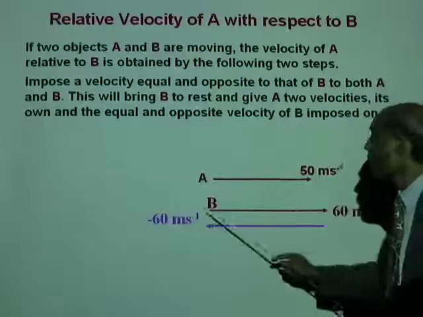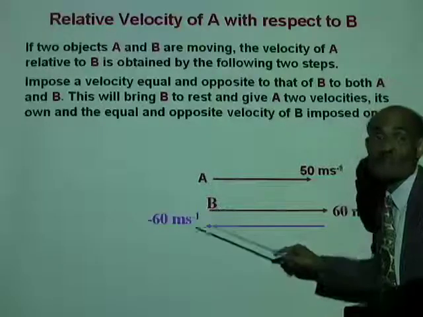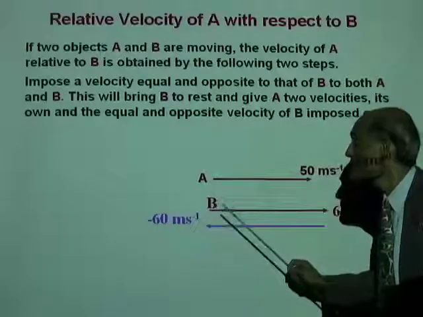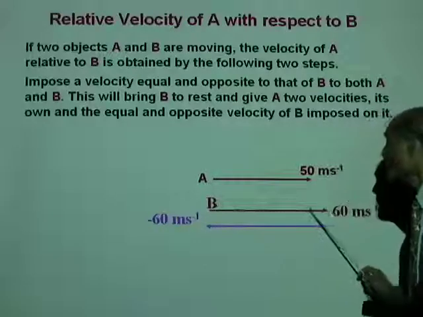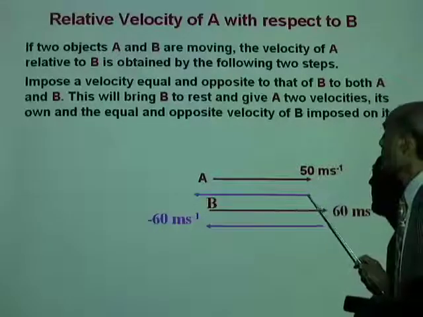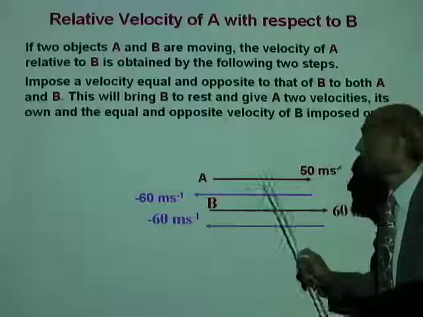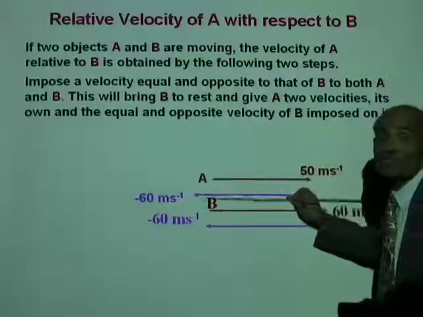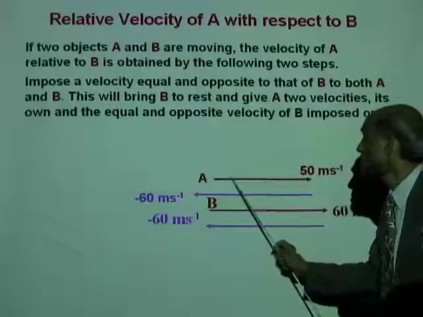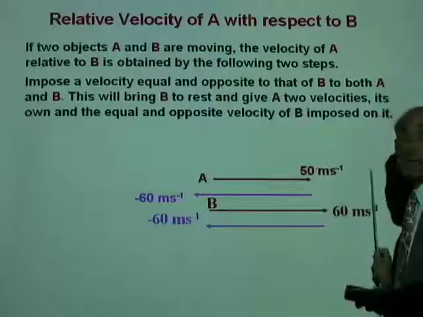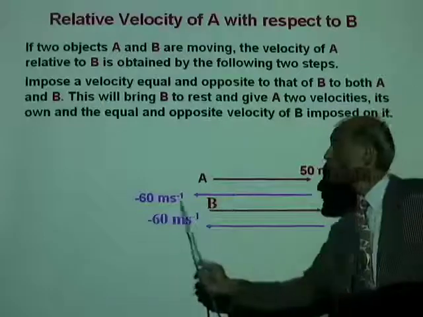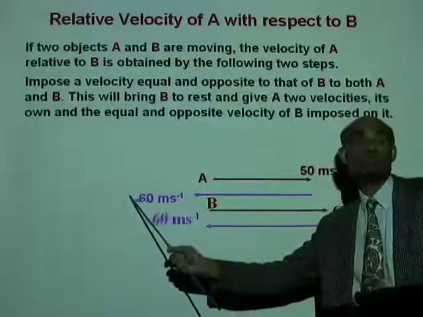So impose on both of them negative 60 meters per second. That will bring B to a stop. And when the same velocity is imposed on A, now A has two velocities, 50 meters per second i and negative 60 meters per second i.